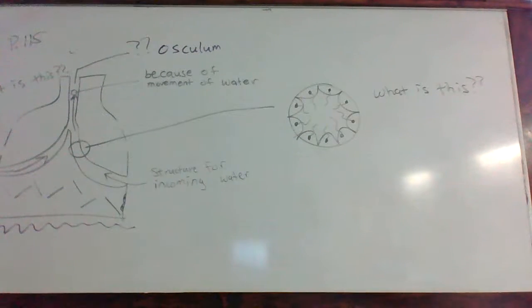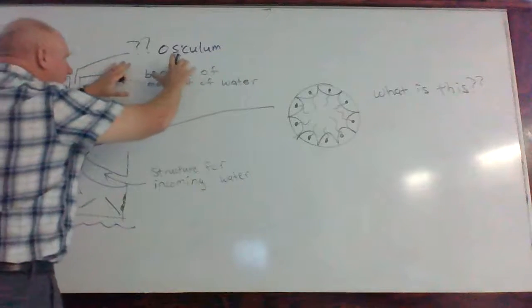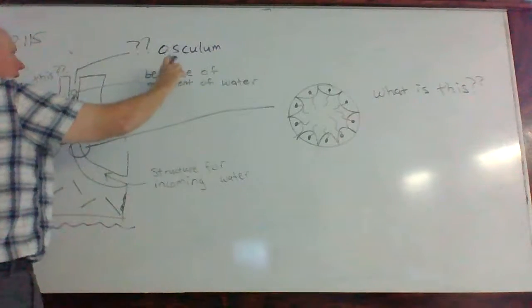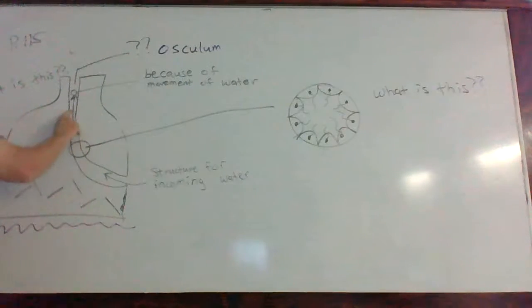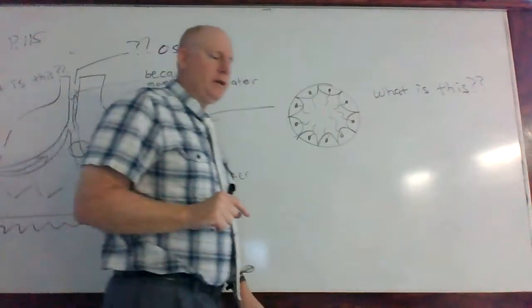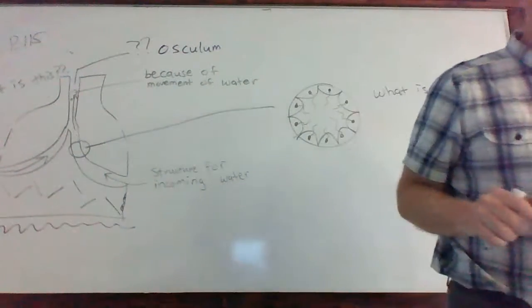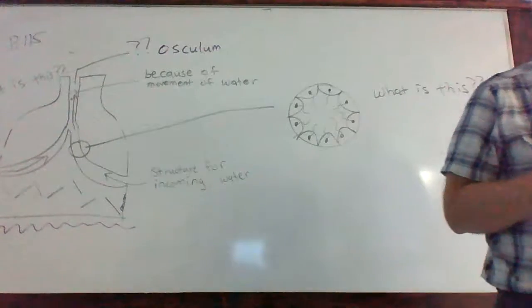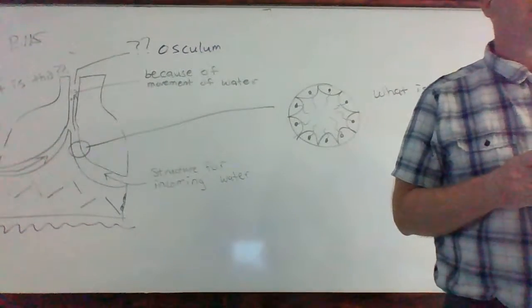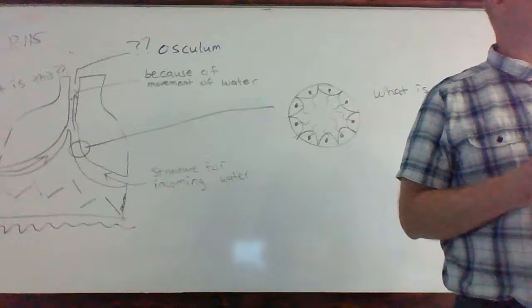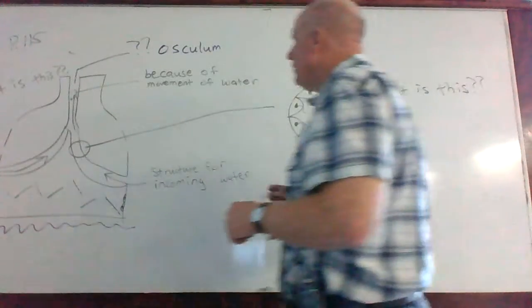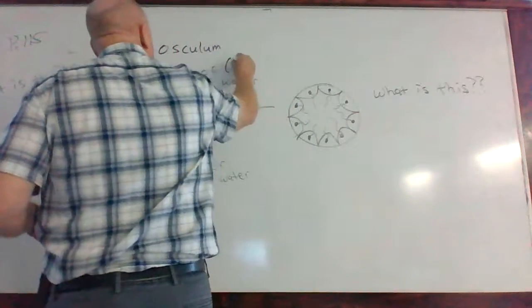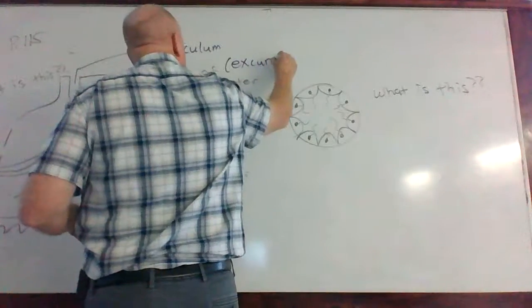Okay. So also on page 115, here we have our osculum. Now, because of movement of water, this is starting to make its exit outside the osculum. So what type of structure is that when you look at page 115? Once you get closer towards the opening on the top, it's called excurrent canal.